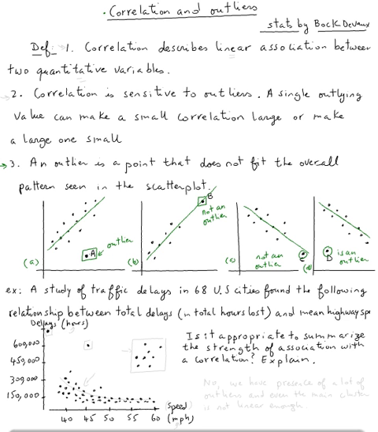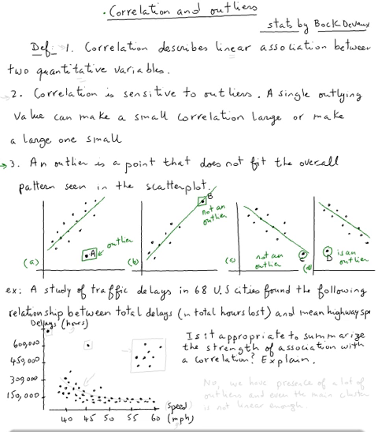Now let's do the next example. A study of traffic delays in 68 US cities found the following relationship between the total delays in hours and mean highway speed. Here's the scatter plot. The question is, is it appropriate to summarize the strength of association with the correlation?